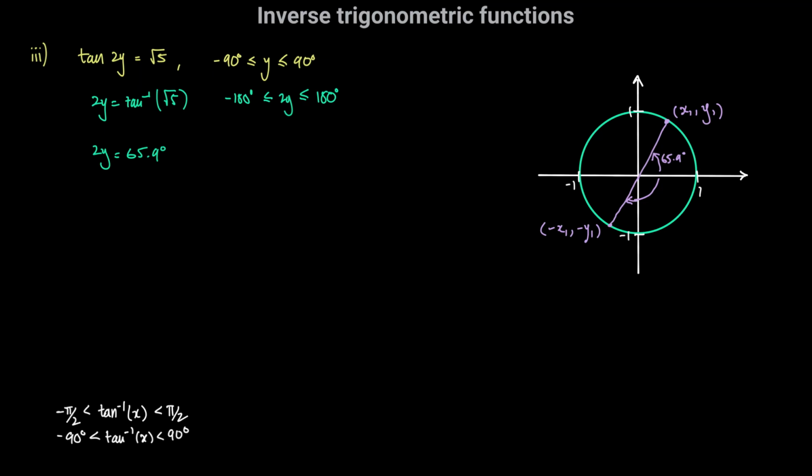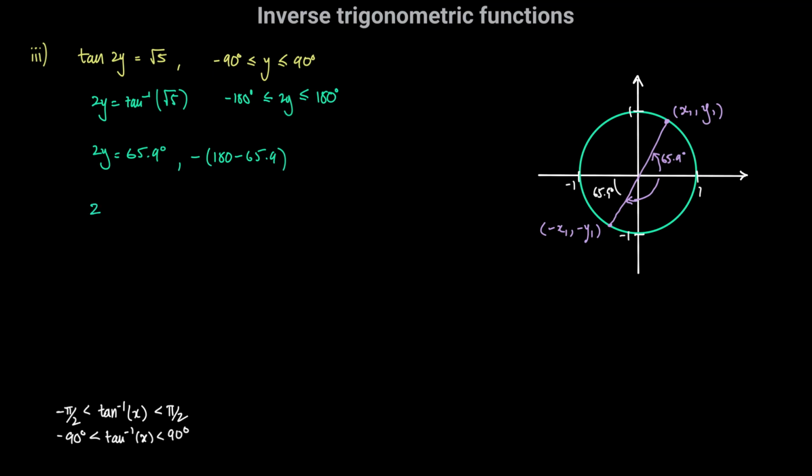Now what is this angle here? Well, we know that this is 65.9 degrees, and we know that this entire angle is 180 degrees. So this angle is 180 minus 65.9, that's the magnitude of this angle. But we're going to take negative 180 minus 65.9, since we're going in the clockwise direction. So we know that this angle is negative.